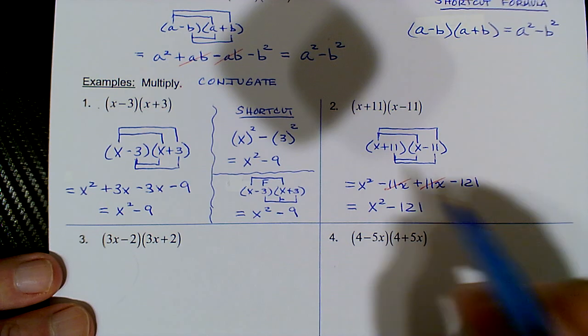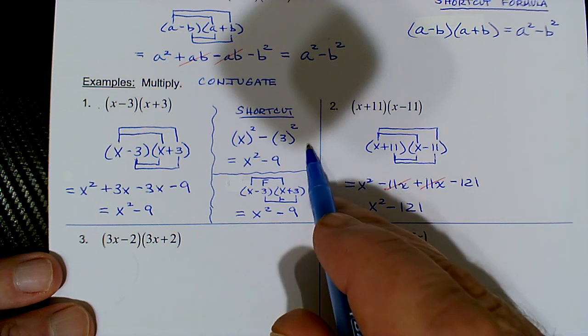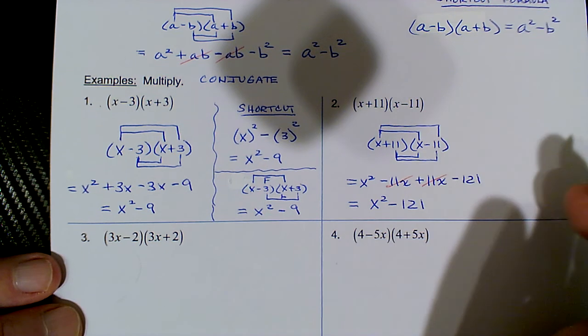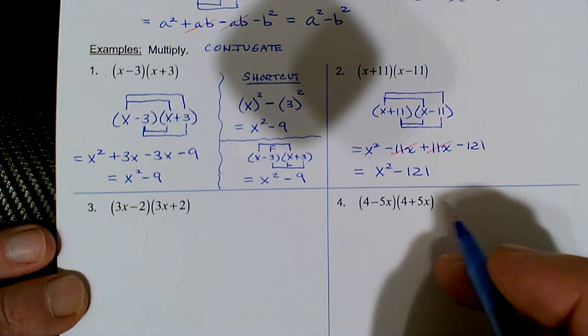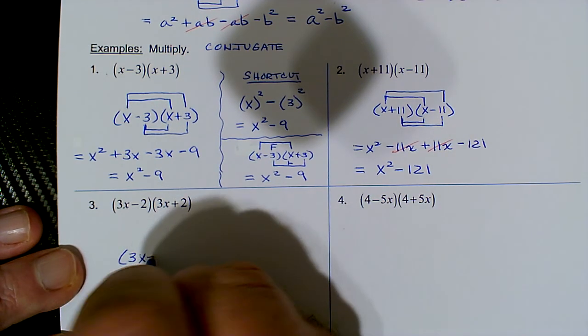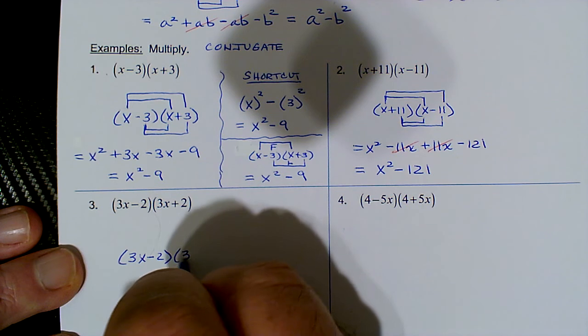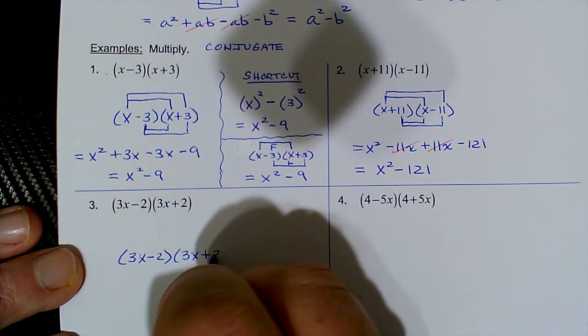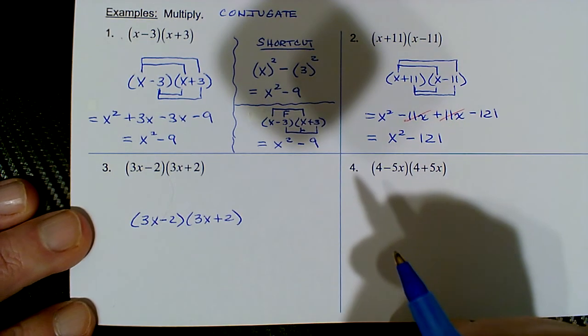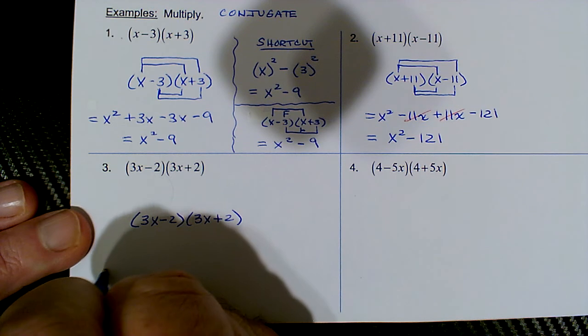Okay, and then you could do the shortcut method if you like, or you could skip the outer and inner products like I did in this. So it's your choice. But I think I'm going to show this going through the literal FOIL method, and if you want the other fancier techniques, that's great. But for now, let's just FOIL.